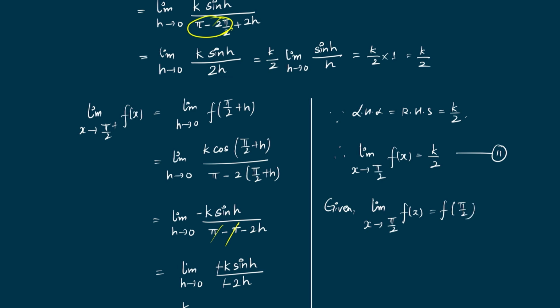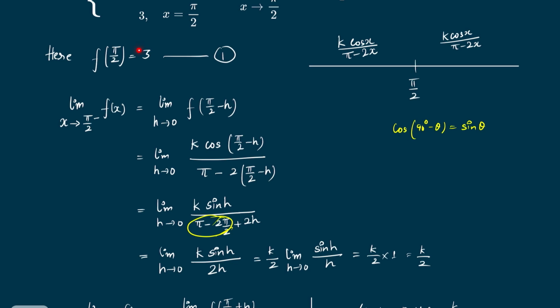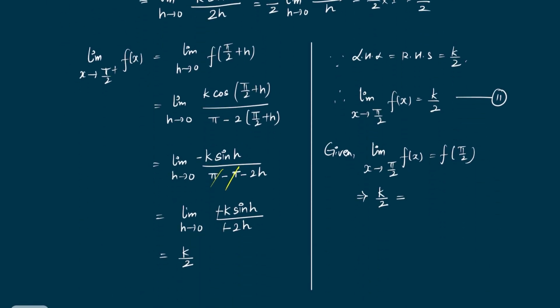From equation 2, did you see that the value of this portion is k by 2? So I'll write here k by 2 equals, and from equation 1 this f of pi by 2 means 3. So in place of f of pi by 2 I will write 3. So here it will be 3, and if I cross multiply, then I'll get the value of k as 6. So this is our answer.